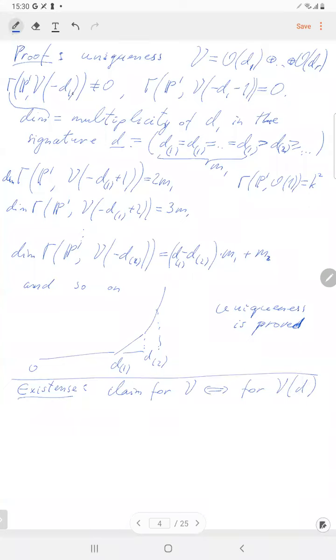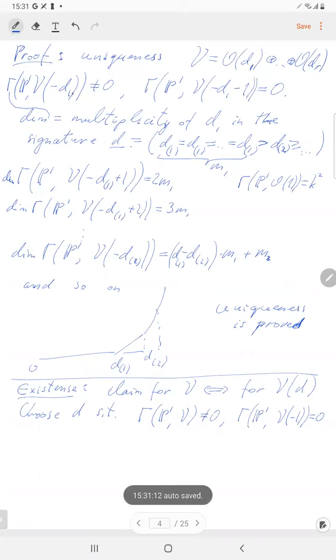We choose this twist as follows: the global sections of V are nonzero, but the global sections of V of -1 are zero.